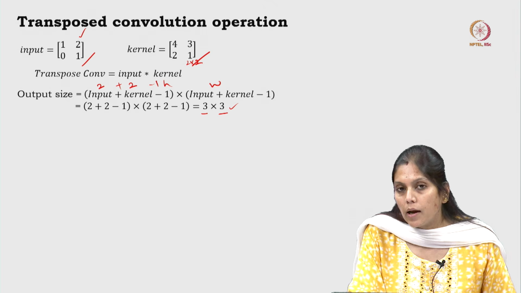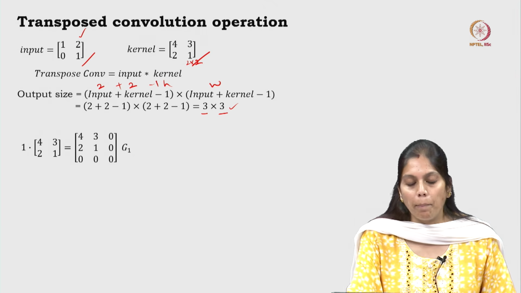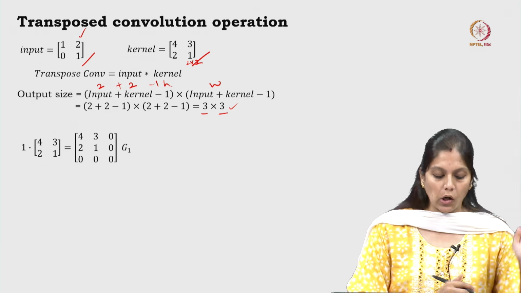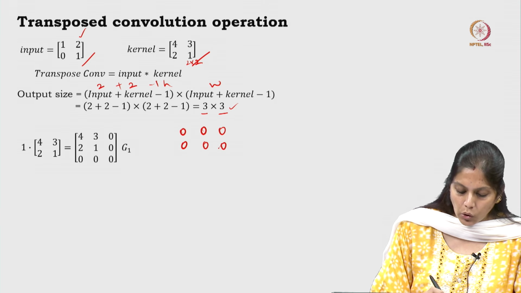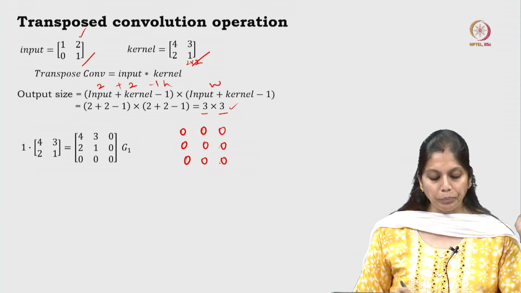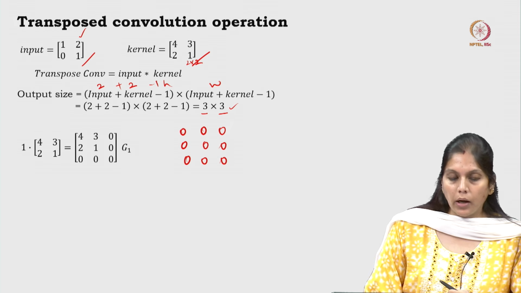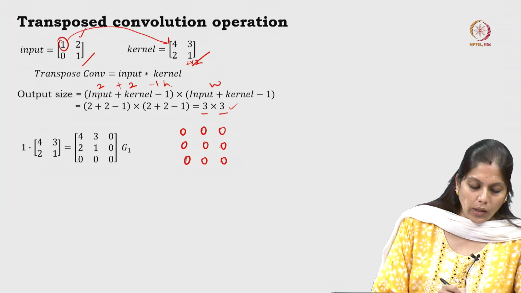Now let us understand the math, how the calculation is going to happen. We know that ultimately the output is 3 cross 3, which means in all of these positions you will have 0. Now the input should be multiplied with the kernel. What is the input? 1. 1 is multiplied with all of these values.